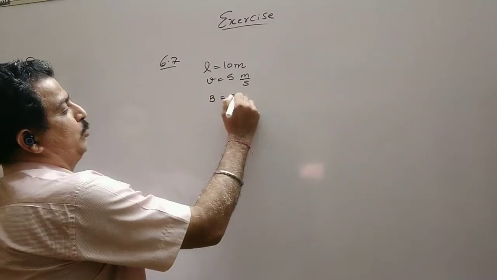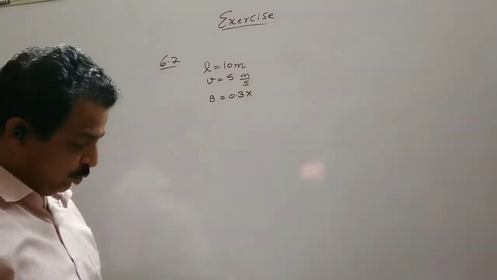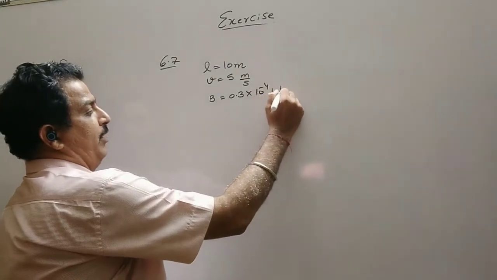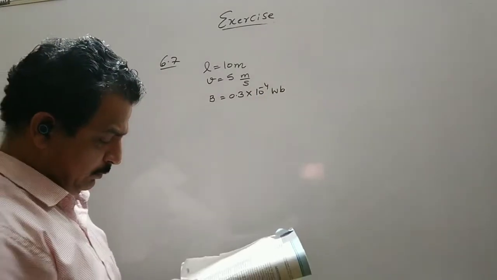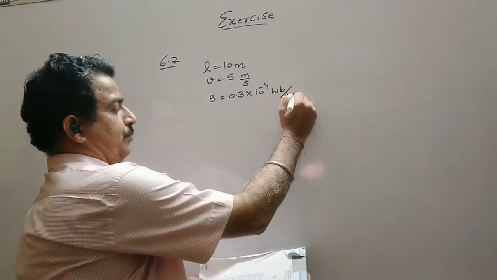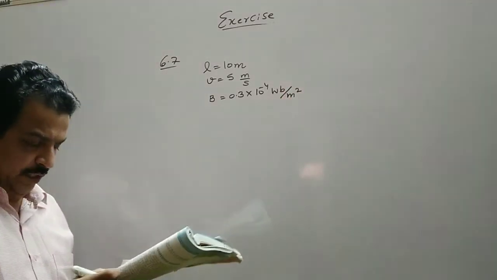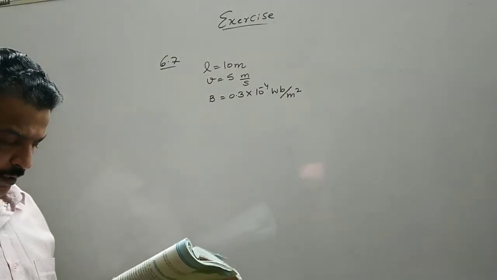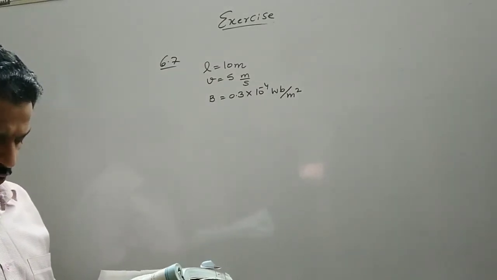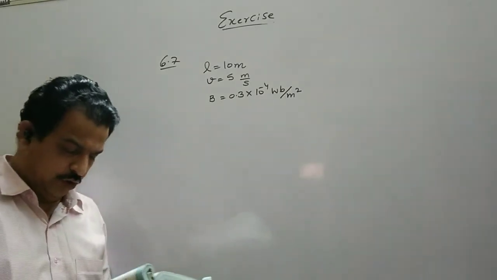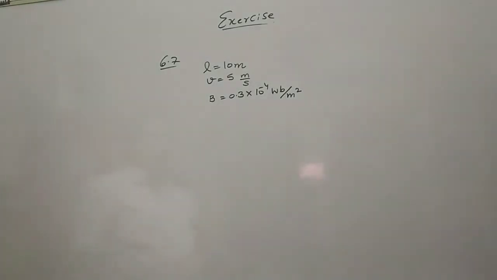So B is equal to 0.3 into 10 raised to minus 4 Weber per meter square. What is the instantaneous value of EMF induced in the wire? What is the direction of EMF? So we have different parts for it.